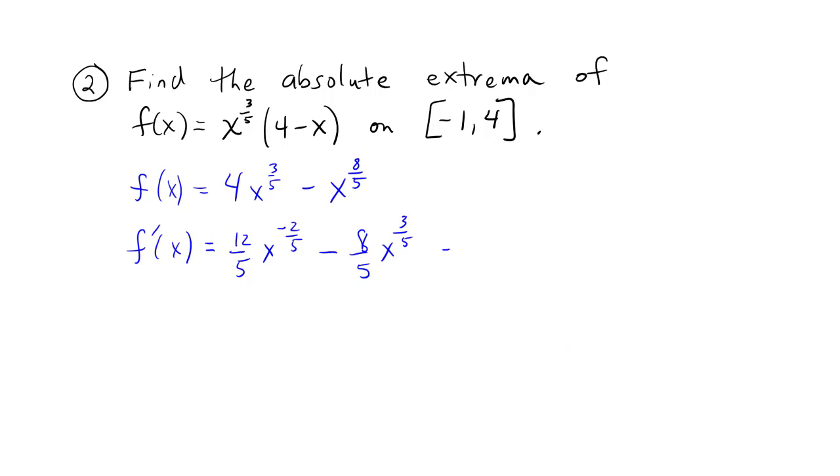And if I were to factor this, I could take out a 4/5, and I would have 3, and I'll put the x to the 2/5 in the denominator, minus 2x to the 3/5. Okay, so that looks like it's pretty good to work with.